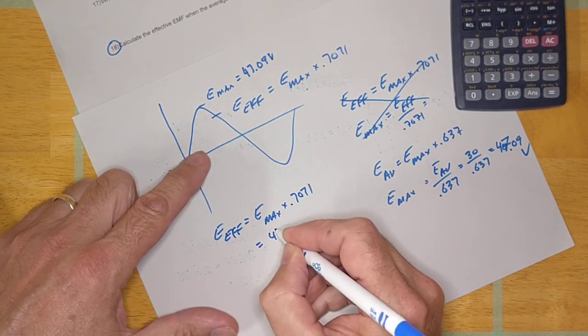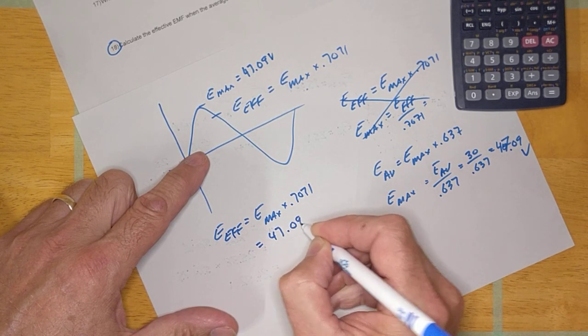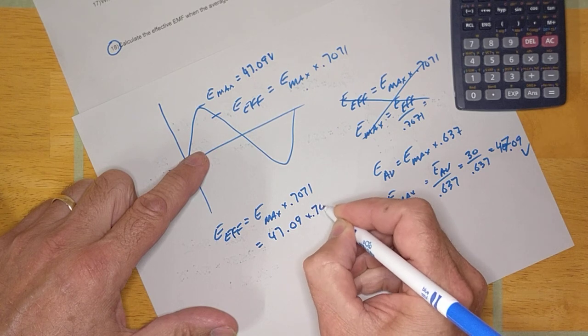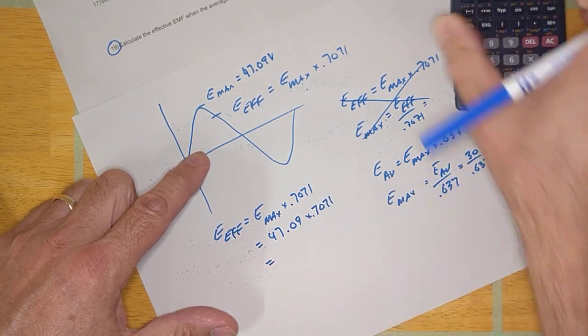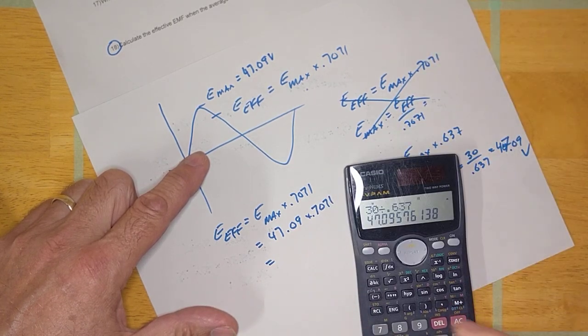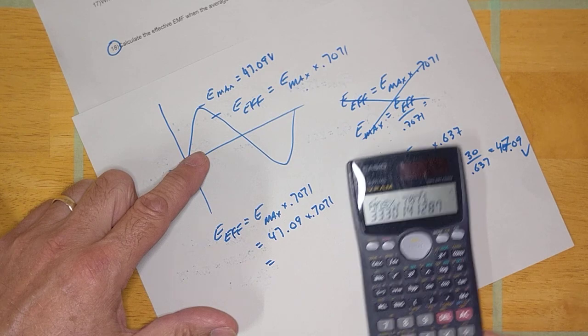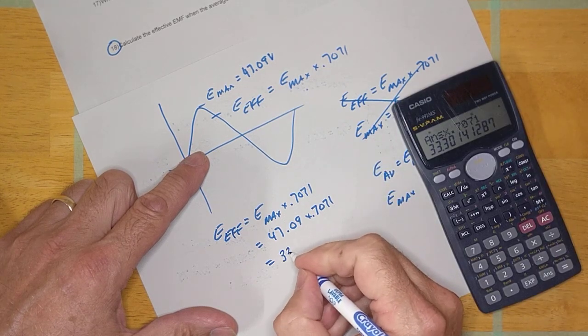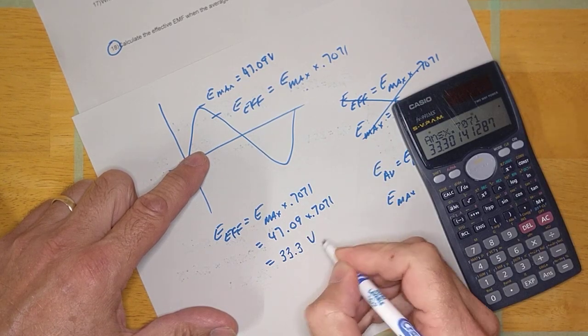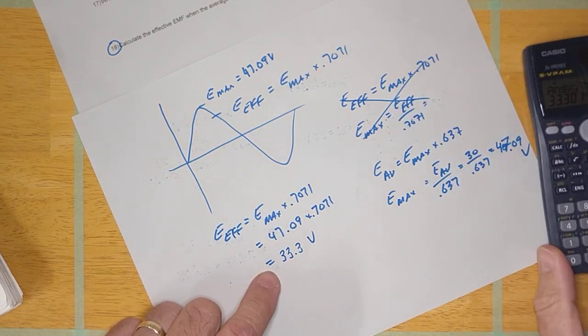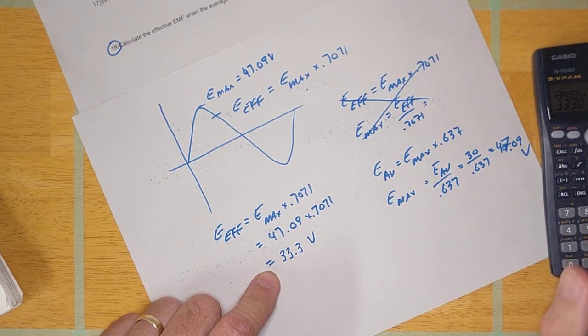Max voltage 47.09. Let's try that. I got my calculator right here. 47.09 times 0.7071. Looks like it's 33.3 volts, and that will be the AC voltage that you started with.